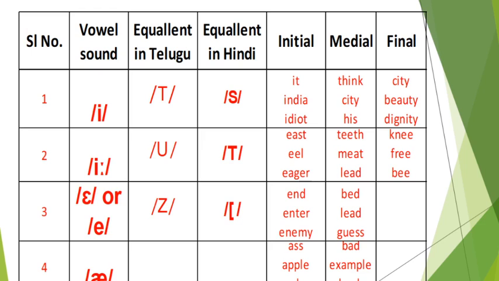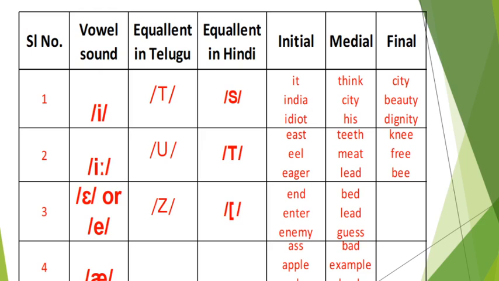You see the last example, E-N-E-M-Y: the first letter E is giving the e sound and the second E is giving the I sound. So that's why the letter E is not always the same sound. Sometimes it is one and sometimes it is the other. Okay, so enemy.